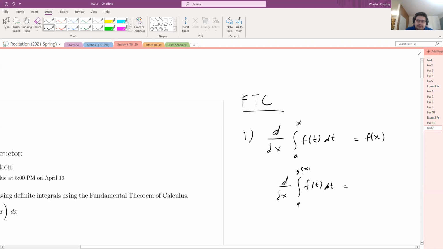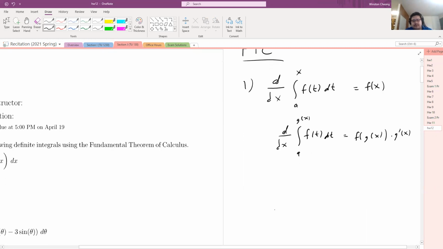Just like before, we plug the variable limit in as our inner variable, so this is f of g of x. We just plug g of x in as t. But then we have a chain rule that happens, and this is what you get. Both of those are FTC Part 1, but this is just the generalized form of it.